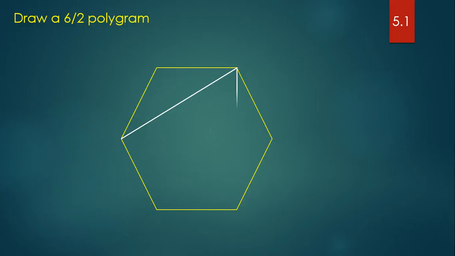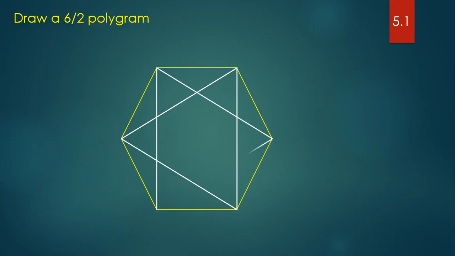And then we'll count 1, 2 again, 1, 2 again, and we've ended up back where we started. Now remember, we have to have two diagonals coming from each vertex, and we don't have that. So what we're going to have to do is go to another vertex that does not have two diagonals coming from it, and we're going to have to continue the pattern. So there's 1, 2, 1, 2, 1, 2, and we have our 6-2 polygram drawn.